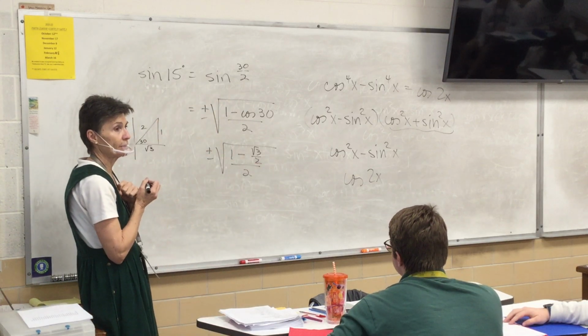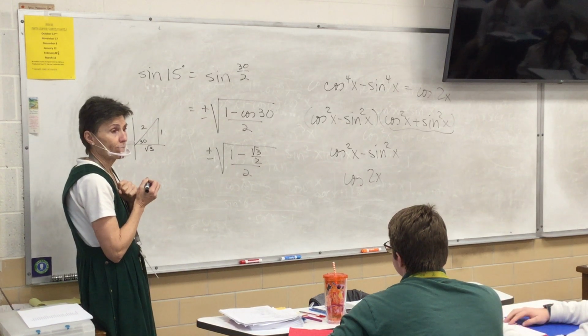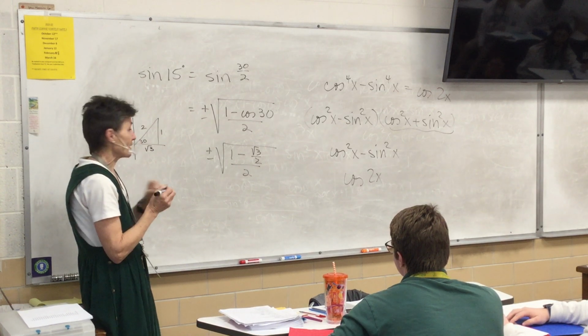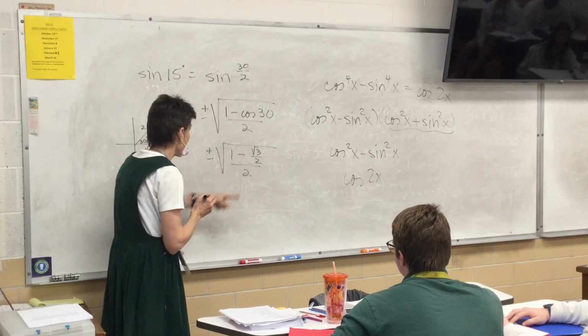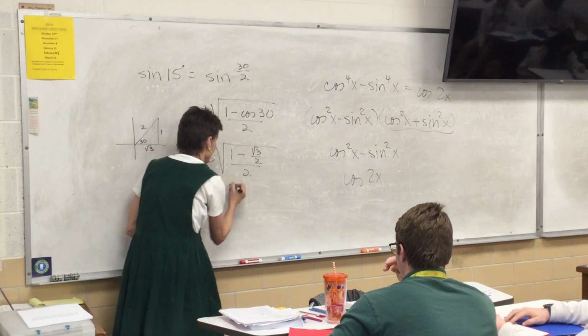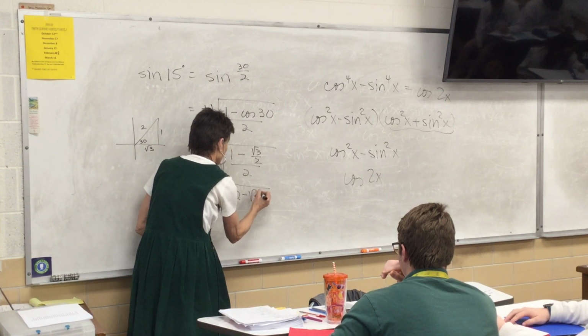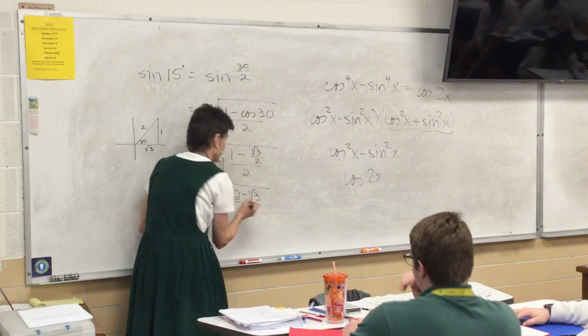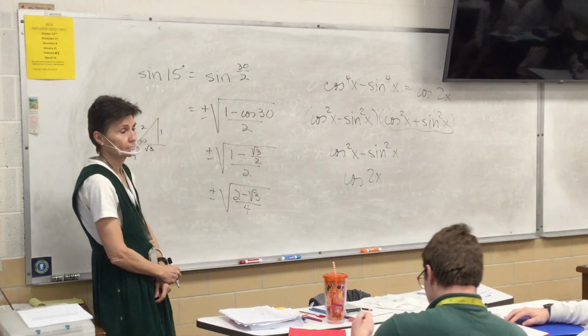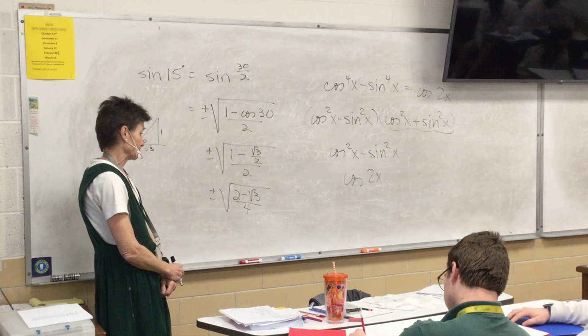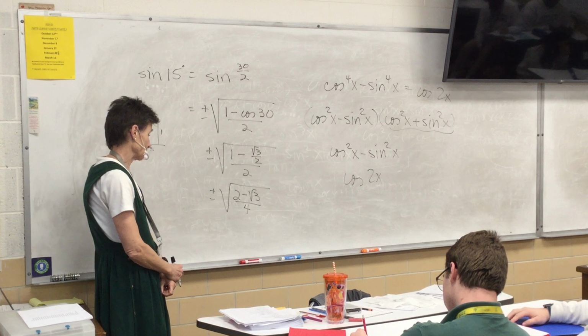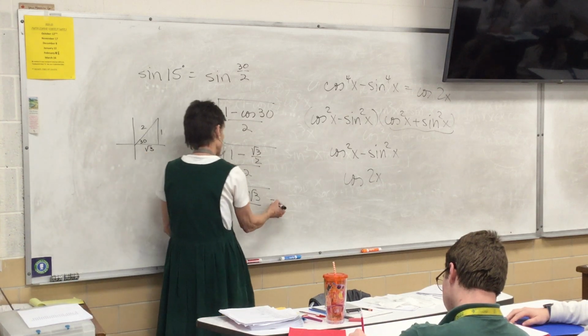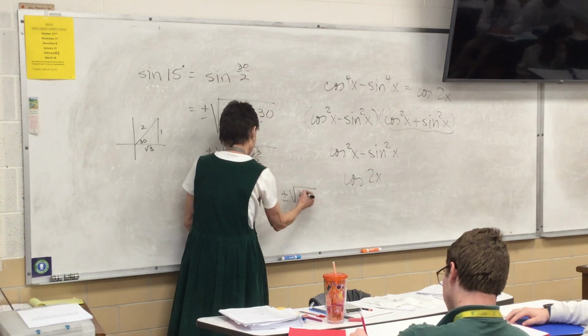Yucky, yucky, yucky. That's a complex fraction, so let's times everything by 2. Well, the square root of the top I can't really do much with.